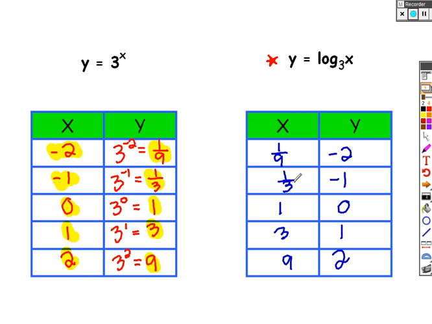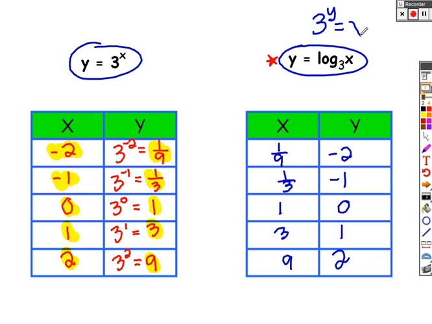Here's another way, if I don't have this graph to flip x and y, if I want to make a table here, well, this is just 3 to the y equals x. So if you want to make this table without having this original table, you could just do something like this, and I would suggest plugging in values for y.